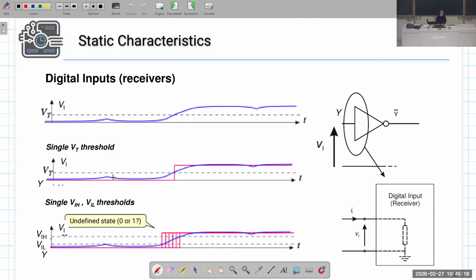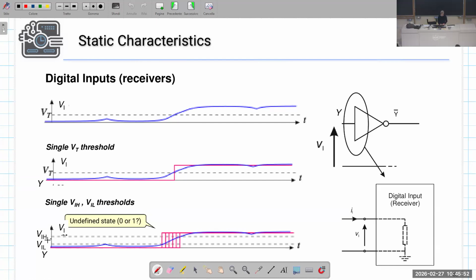In blue, you have the actual electrical signal, which is a voltage that is continuous in time and amplitude. And in pink, you have the corresponding digital signal. It is the digital abstraction applied to these voltage signals that tells us that the signal corresponds to 0 when the voltage is below the threshold and to a logical 1 when it is above the threshold.